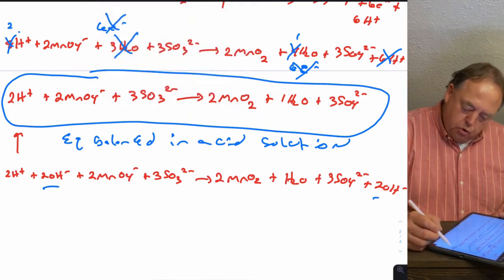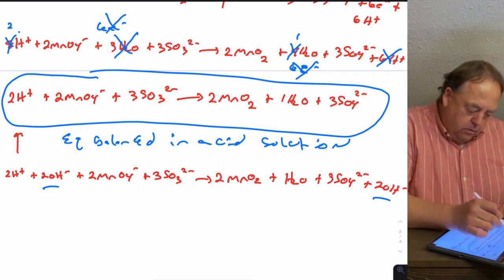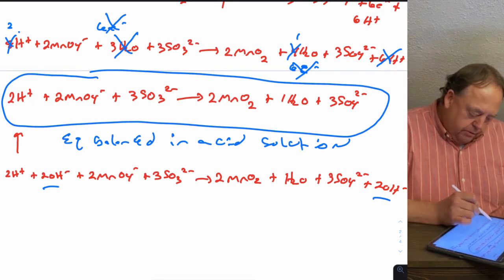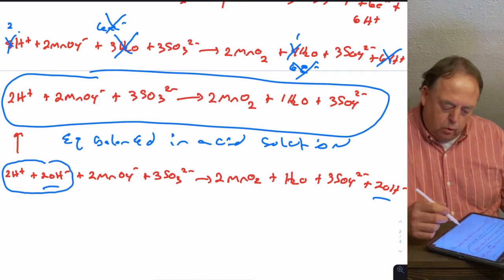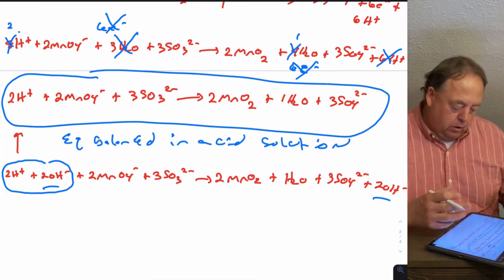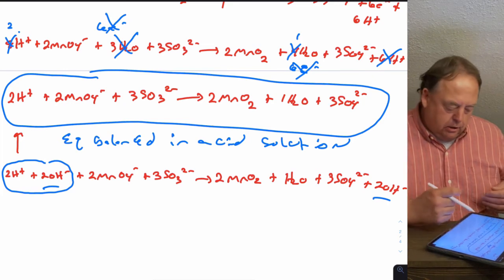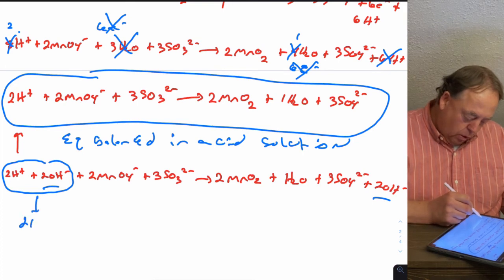Okay, so we added 2 OH minuses both to the left and to the right. And now what we want to do is let OH minus react with H plus on one side of the arrow. So one side of the arrow is not going to have H plus because we canceled all of them out. Only one side of the arrow will have H pluses, and then we can let them react with the OH minuses. So that would make 2 water molecules.